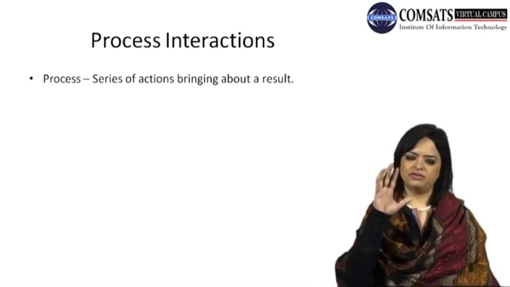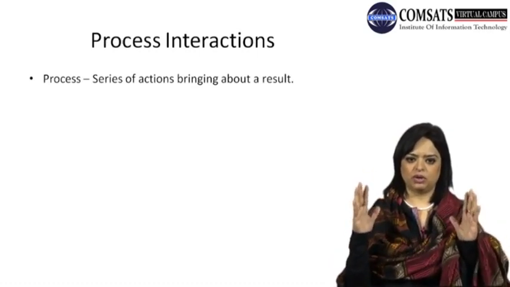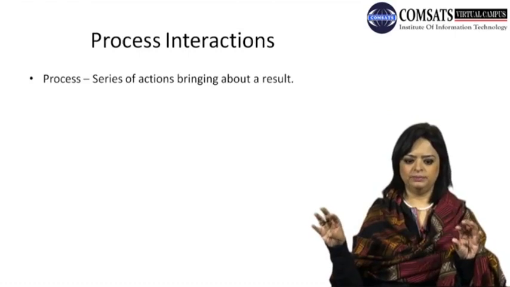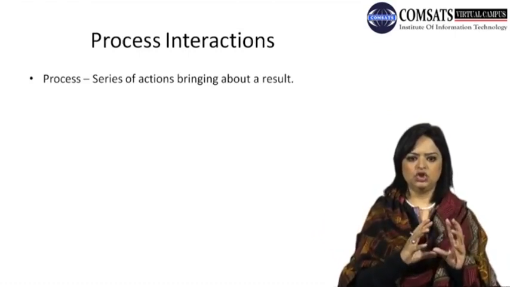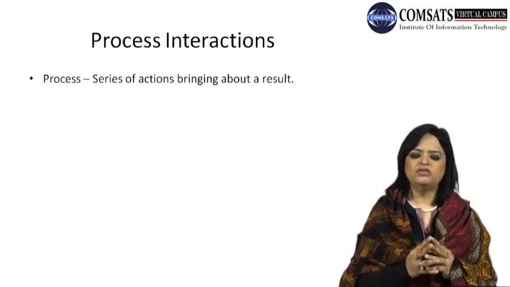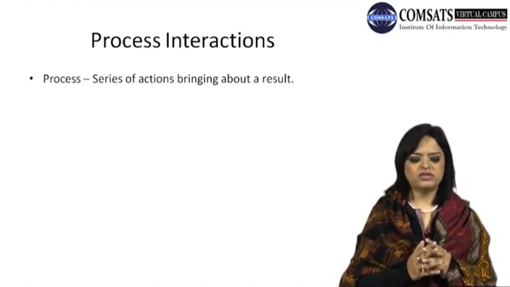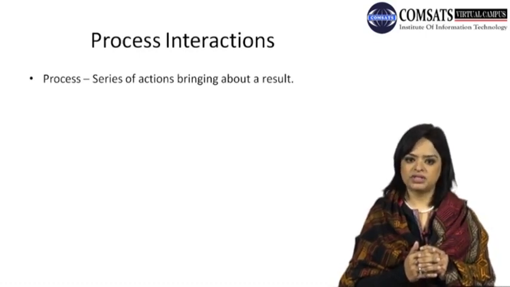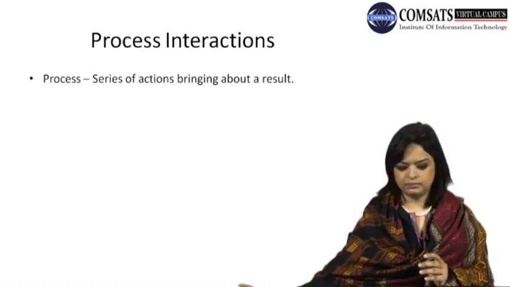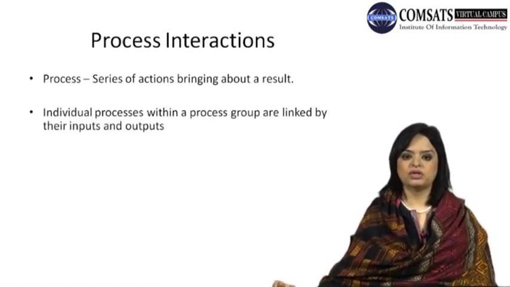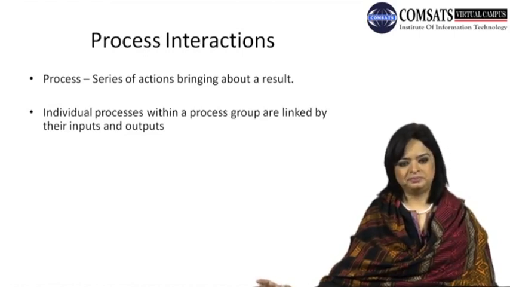So we talk about the project life cycle. The project life cycle has the 5 phases going here, and each of the phases has processes within it. How do you define a process? A process is a series of actions bringing about a result. Individual processes within a process group are linked by their inputs and outputs.